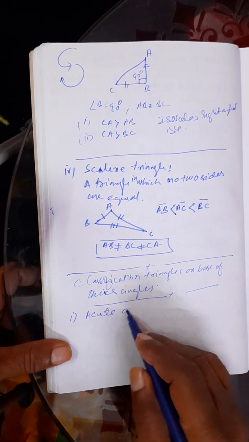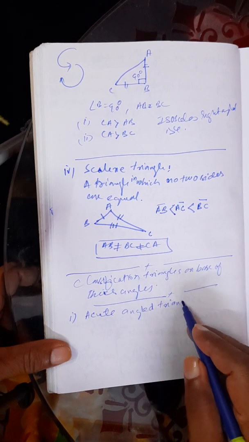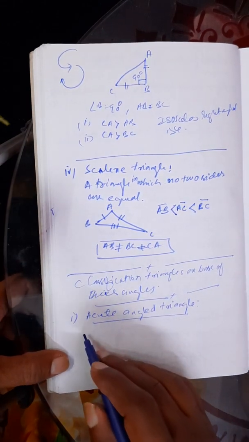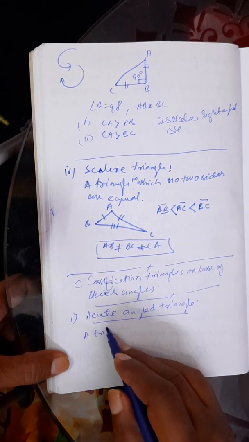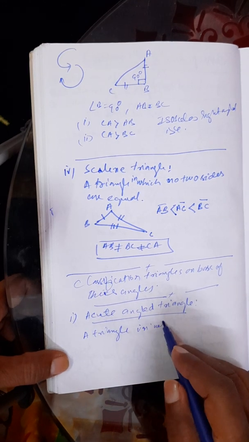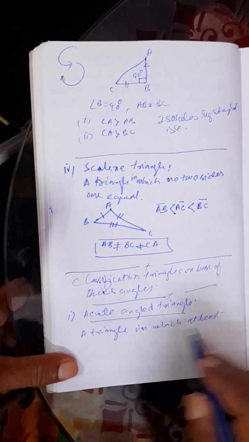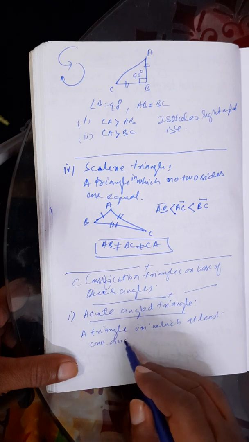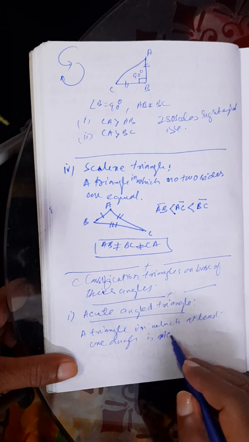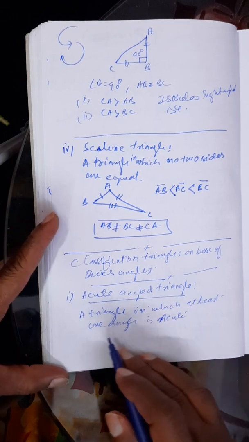Acute angled triangle. We have to read as acute angle triangle means what? A triangle in which at least one angle is acute. Acute means less than 90.